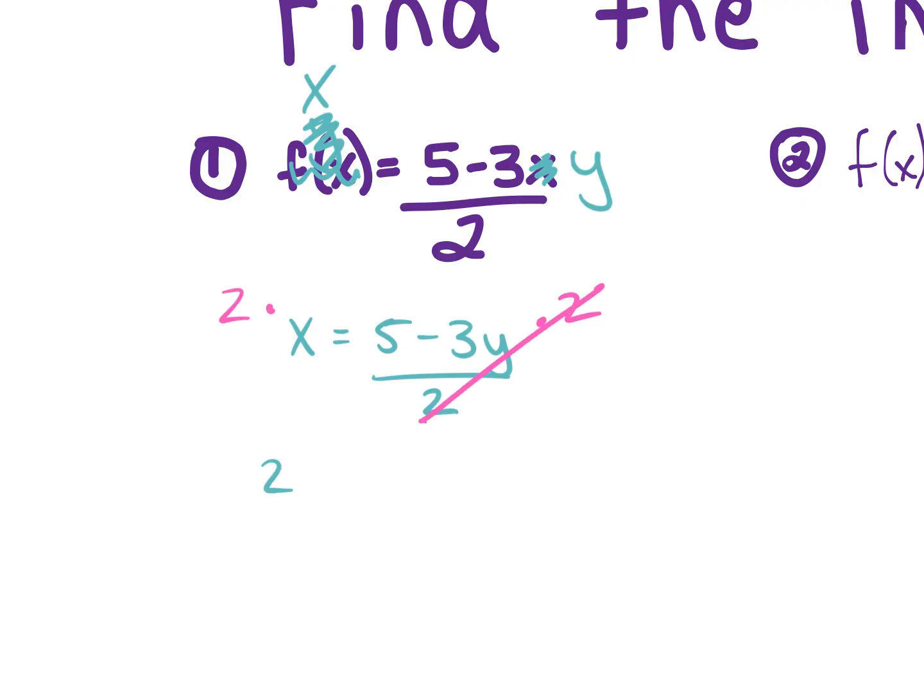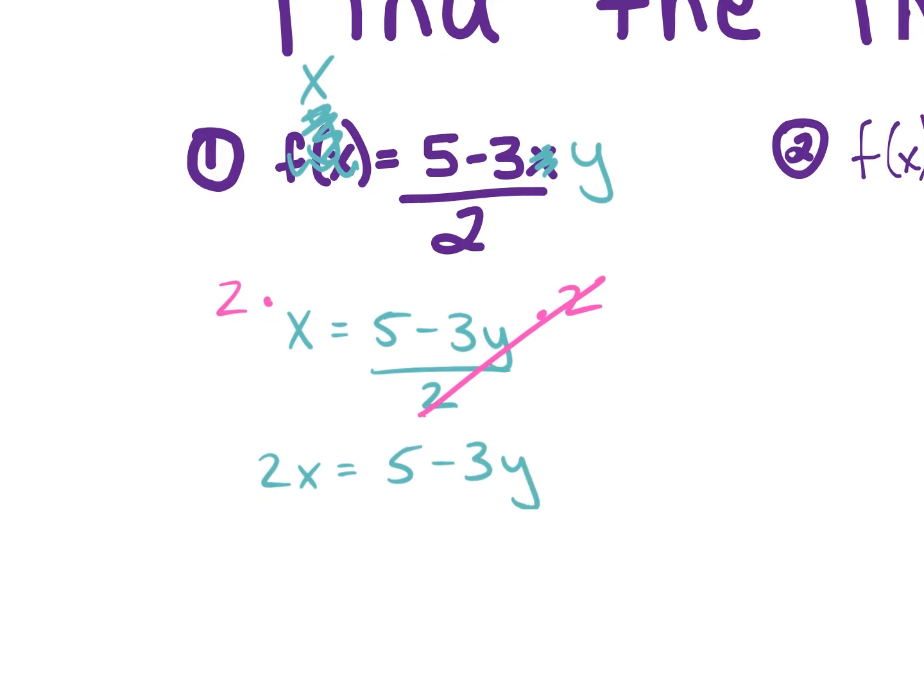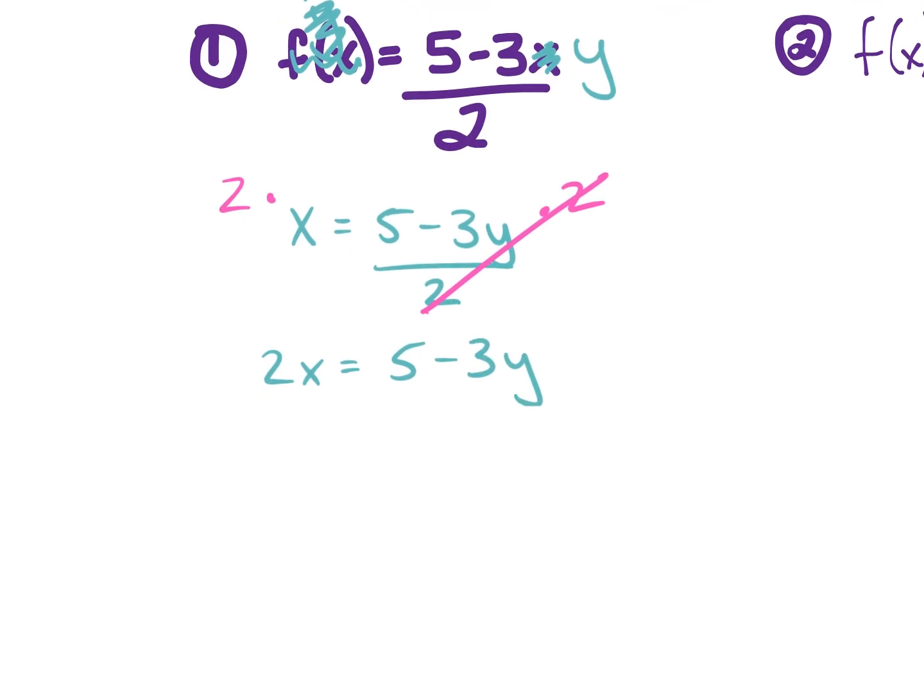So we have 2x is equal to 5 minus 3y. What should we do next? Subtract 5. So 2x minus 5 is equal to negative 3y. And then divide by negative 3.